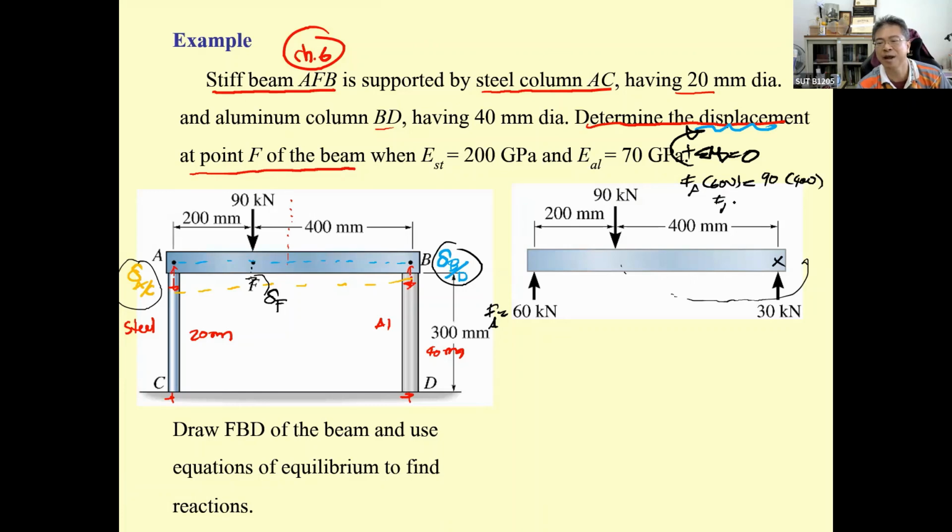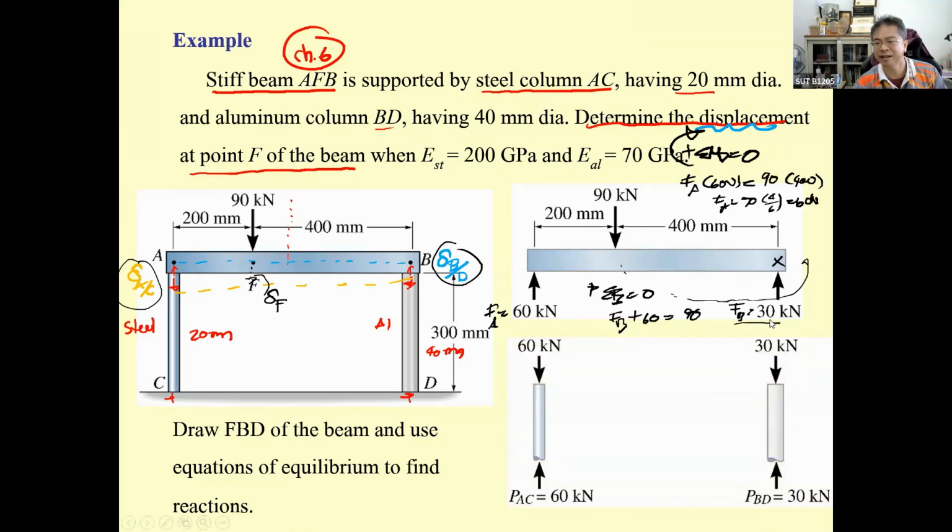So F sub A is going to be 90 times 4 divided by 6. So that is going to be 60 kilonewton. And then summation of F sub y equal to 0. This is going to be F sub B upward plus 60 equal to 90. So F sub B is going to be 30 kilonewton.